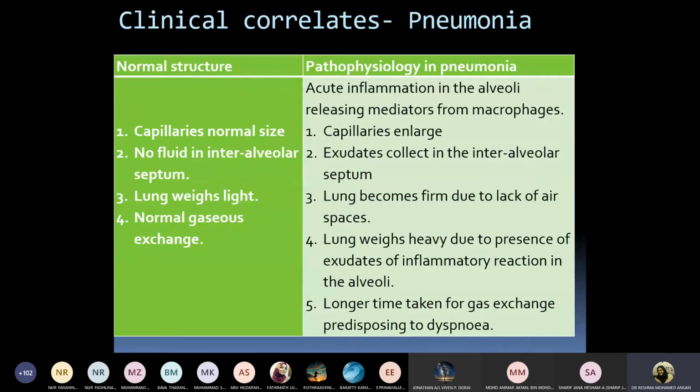This is what happens in COVID as well. In COVID, our immune system is totally oblivious to this new virus, so our inflammation takes over. It releases a lot of mediators from macrophages as well as neutrophils. Imagine the lung of a COVID patient: the capillaries are quite big, and too many macrophages and neutrophils keep on secreting fluid.